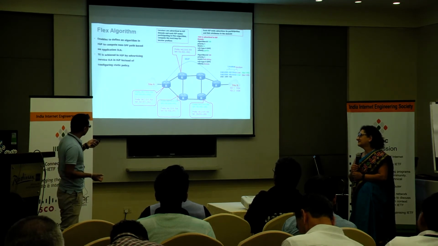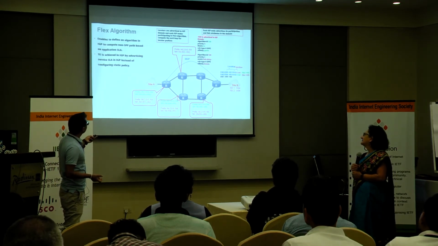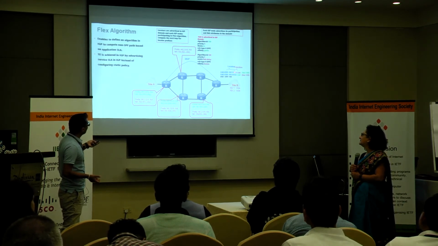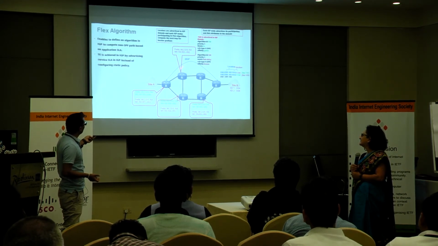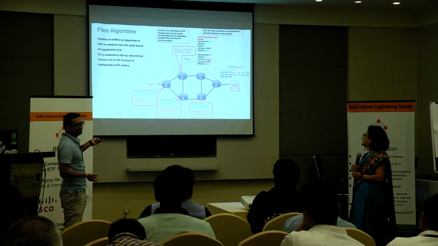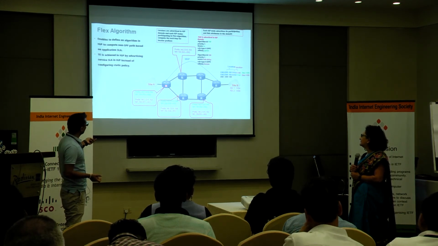So here you are working on these constraints. I have defined one locator and one algorithm. This algorithm says I need this path, and that is signaled over IGP, IBGP. This node now knows, seeing the flex algorithm, what kind of path this particular service requires, so it downloads accordingly.